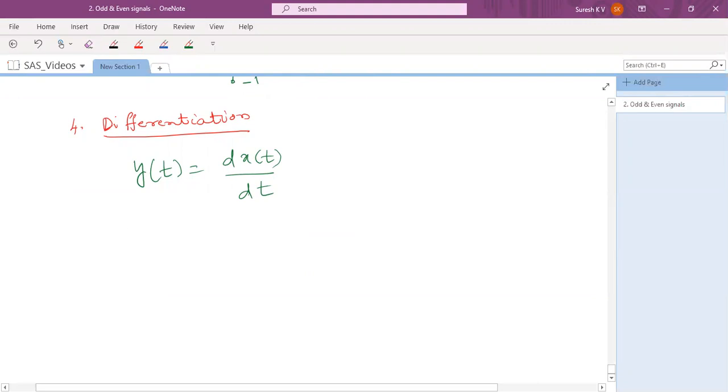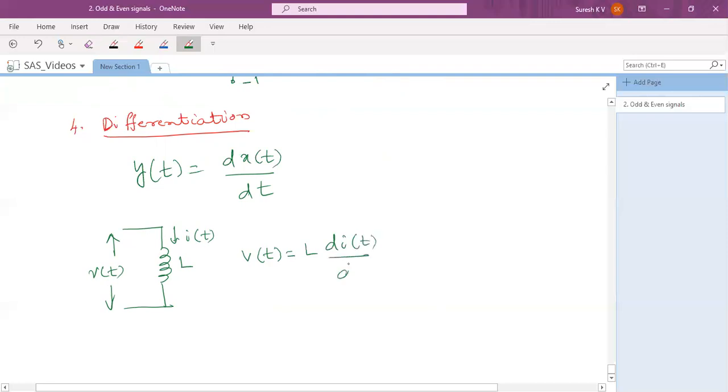An example that I can give is an inductor. If L is the value of the inductance, v of t is the voltage applied across the inductor, and i of t is the current that flows through the inductor, then you know the voltage across the inductor v of t is given by L into di of t by dt.